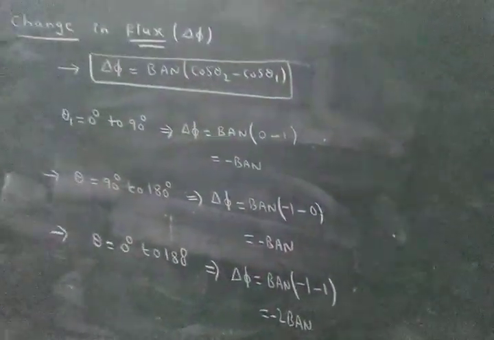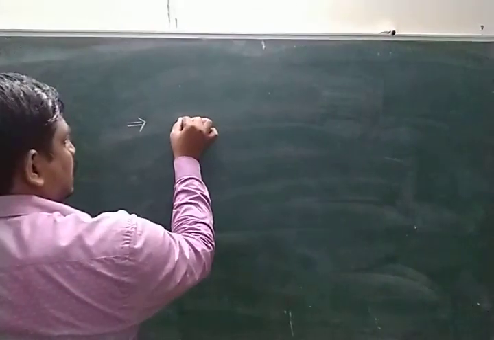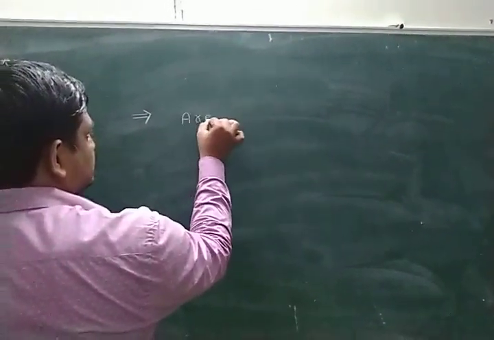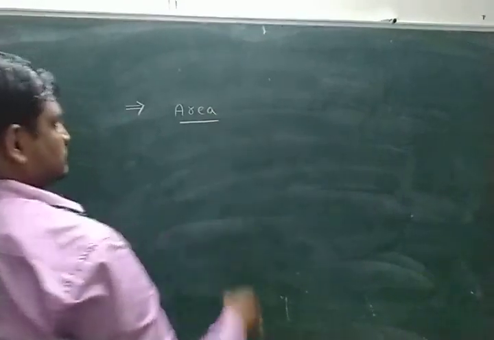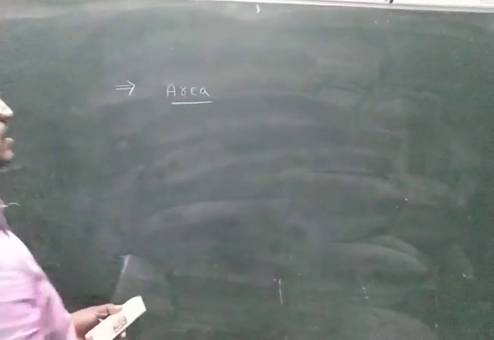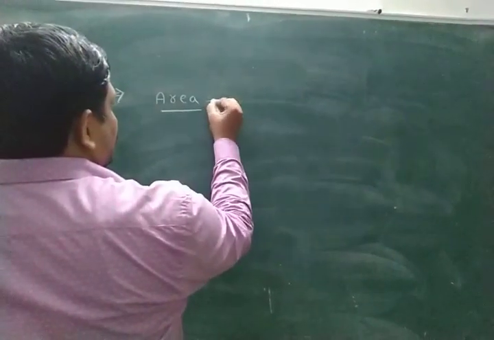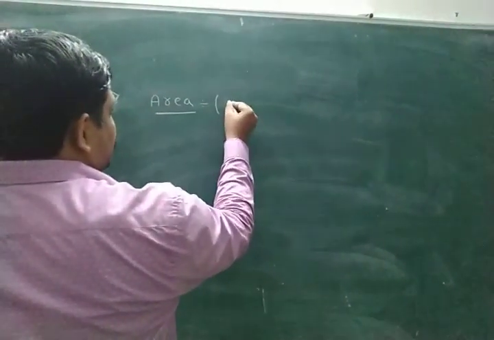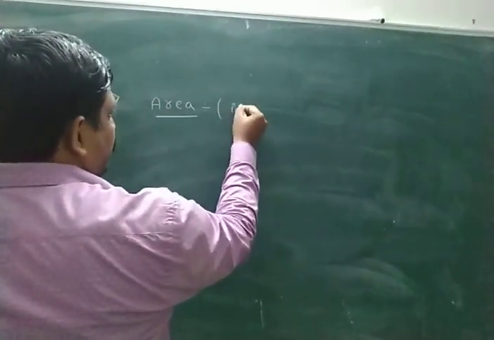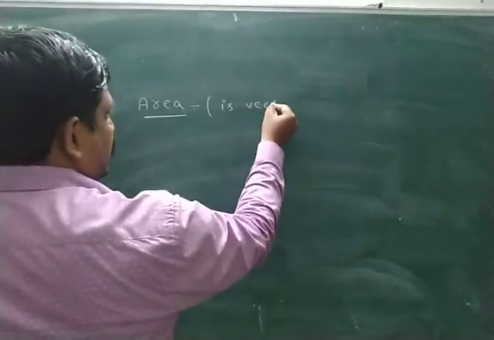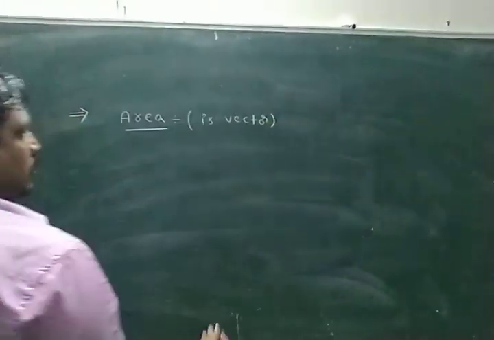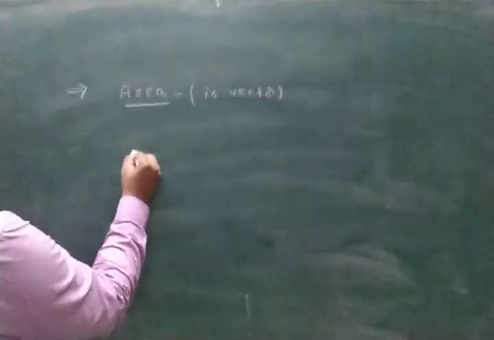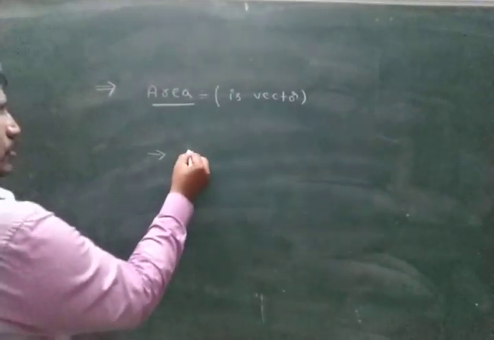In the chapter, area is a vector. Area is a vector. Vector means it follows a direction.